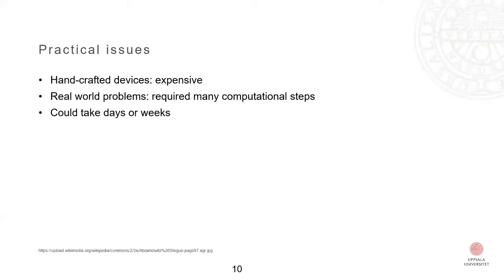So these devices that were used for computations were handcrafted, so they were expensive. It was not very common that people would have them in their homes. And doing real world problem computations would require many computational steps that could take days or weeks. Imagine you would need to calculate in the military, for example, how you should use your military devices, in which you need to take into account many variables.